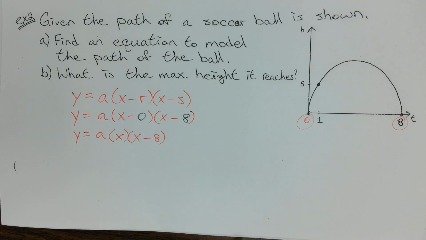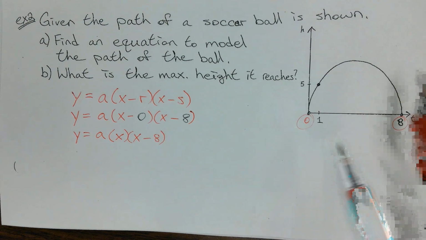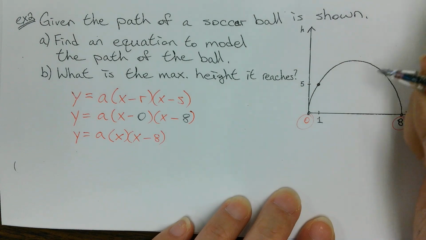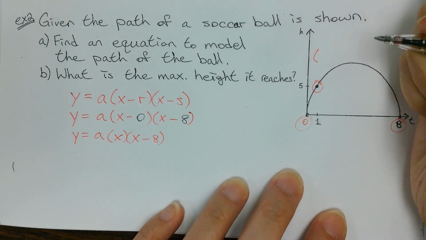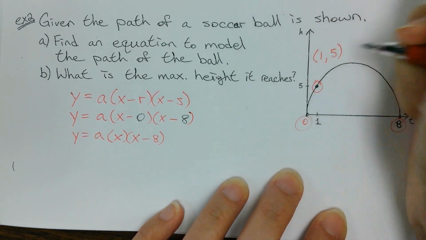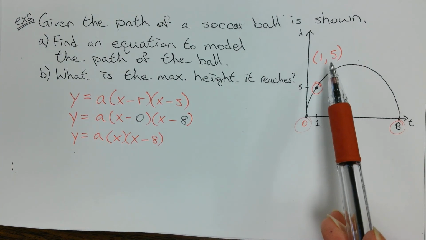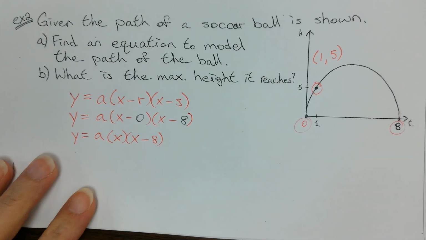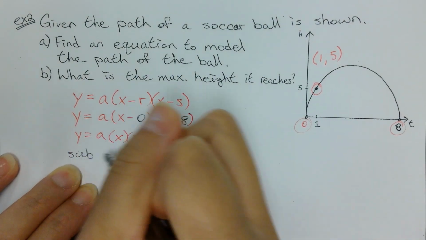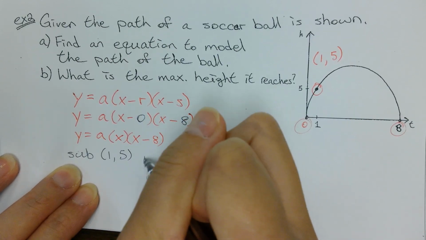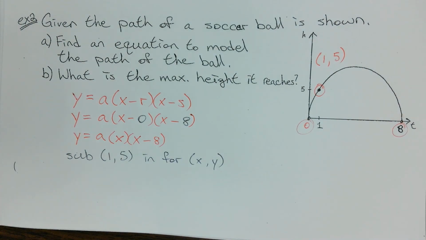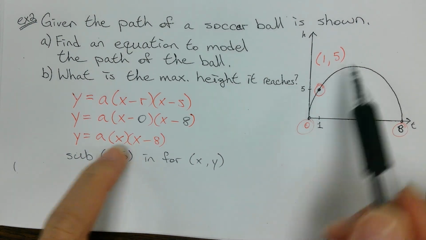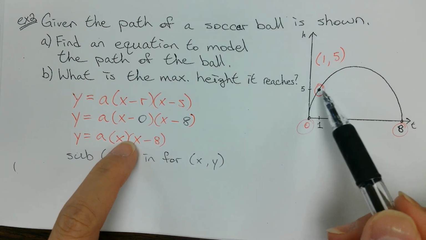I plug in the x and the y. What point can I use? 1, 5. So notice in the whole graph, I only gave you 1 point right here, which is 1, 5. So I can plug in this point for my x and y. So sub the point 1, 5 in for x and y. Notice yesterday, we used the vertex to set up our equation, and then we had to pick one other point.